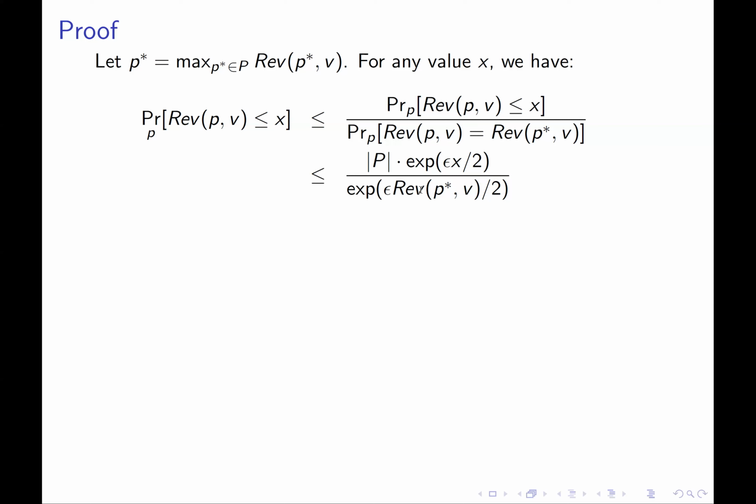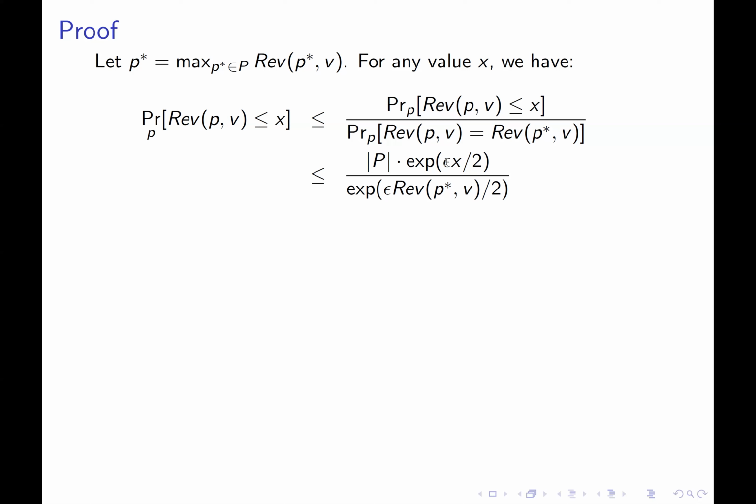So I can consider the probability that I output a bad price, a price whose revenue is less than x. Well, I don't have to worry about the normalization term anymore because those have canceled out. And I know that for any particular bad price, the probability that I output it is at most proportional to e to the epsilon x over 2, because by definition, a bad price is one that gets revenue less than x.